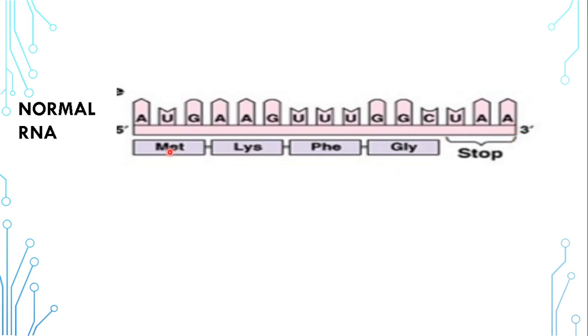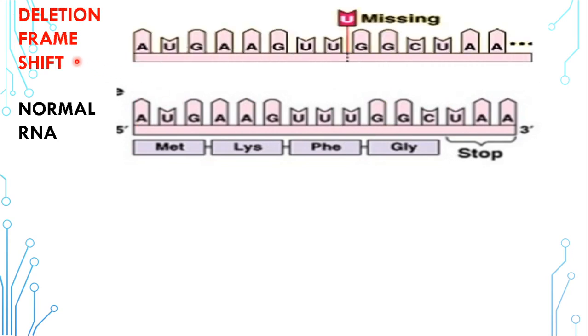So this is one complete transcription structural gene part, total, complete. Now deletion frame shift. What happens in deletion frame shift? Here AUG, methionine, fine. AAG, lysine, fine. UUU was supposed to code for phenylalanine, but one of the U goes missing.